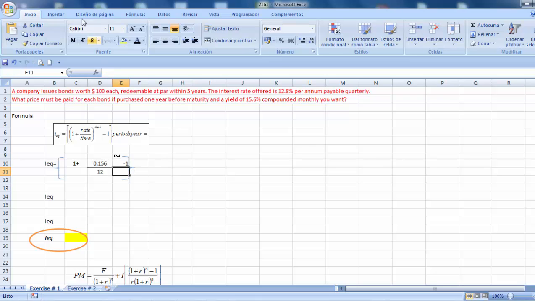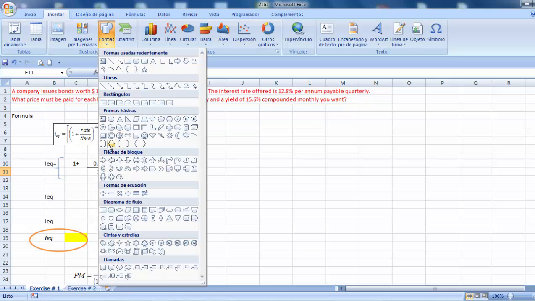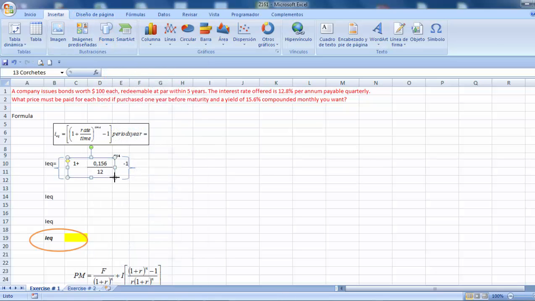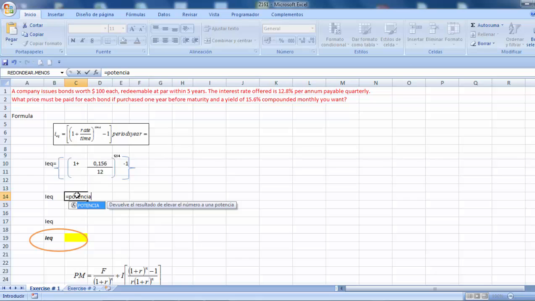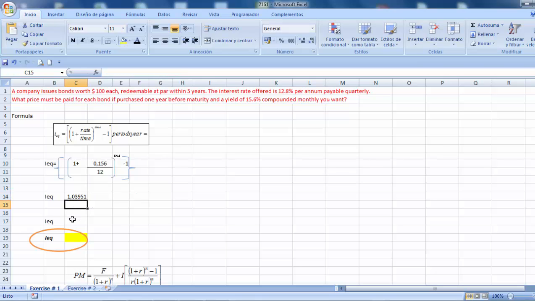Now we have the rate of 15.6 and we're going to convert it to quarterly with the following formula, replacing 1 plus the rate over the time, and this time is equivalent to the 12 months of the year, 12 over 4, minus 1. Then we elevate it to 1 plus the rate over the time and resolve it. We have the value of 10.3 as a result. Don't forget to multiply by the time period, that is 4.